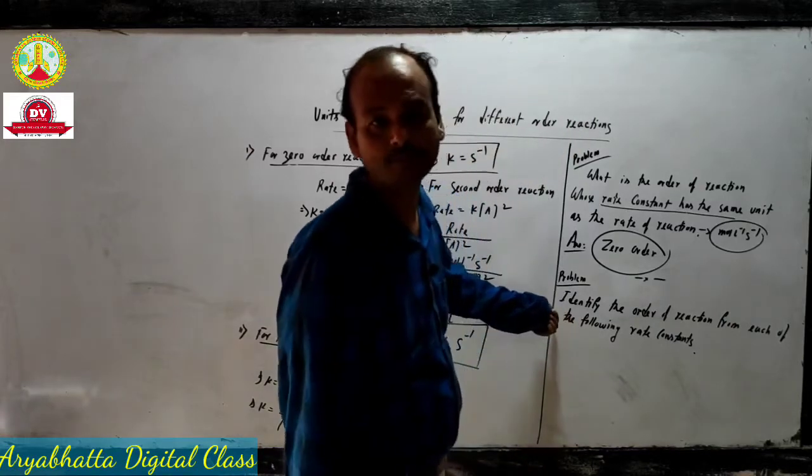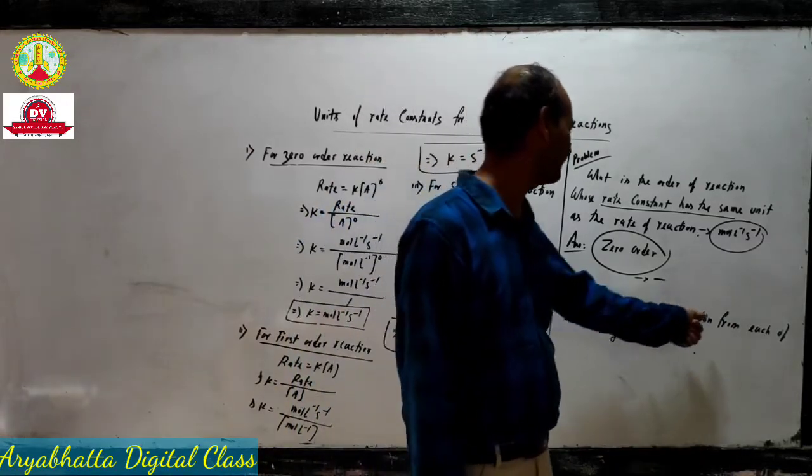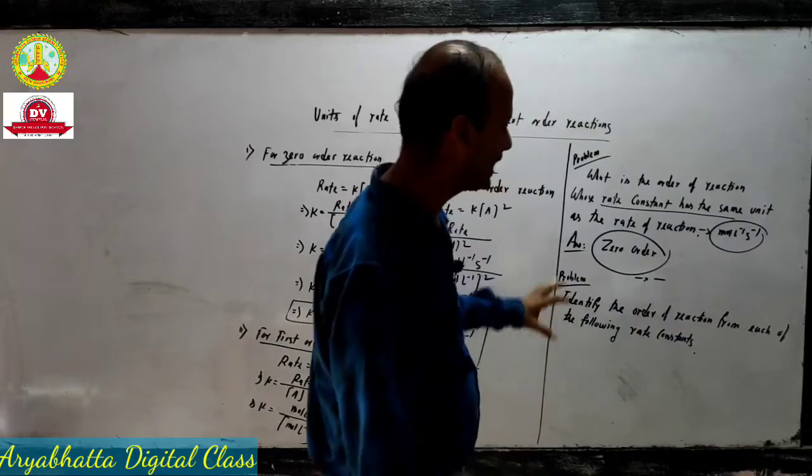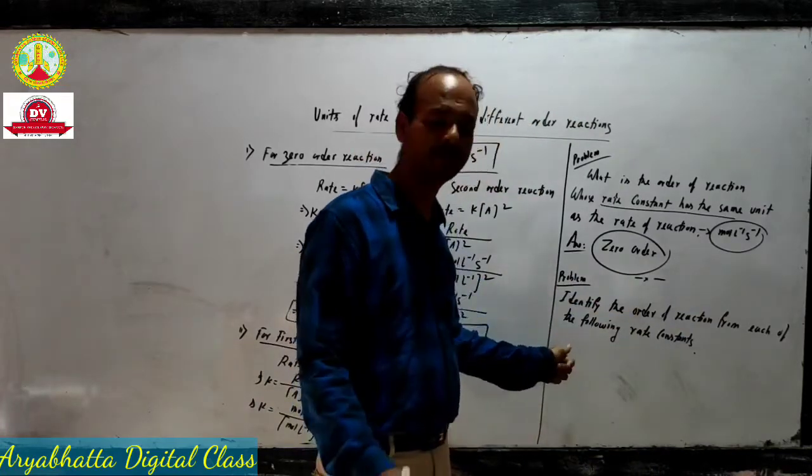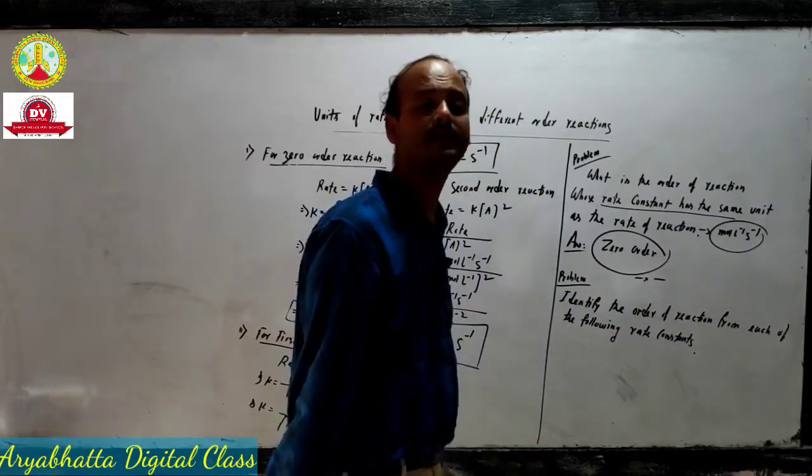These are all textbook questions for you. Identify the order of reaction from each of the following rate constants. Now I am going to give you some values of rate constant. After I give the value, you will have to identify the order.